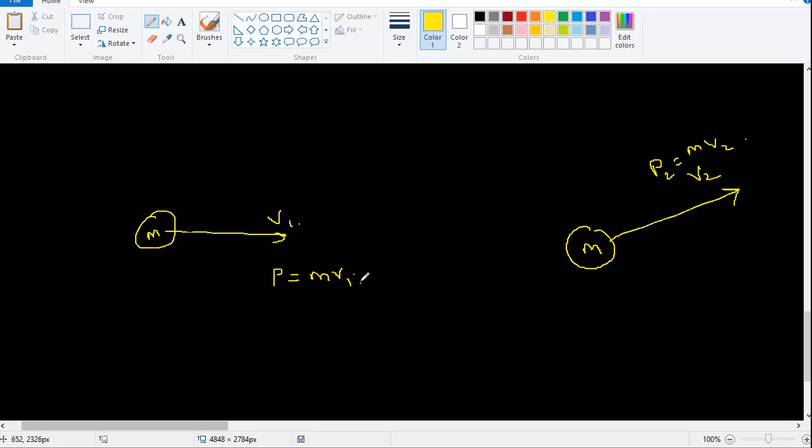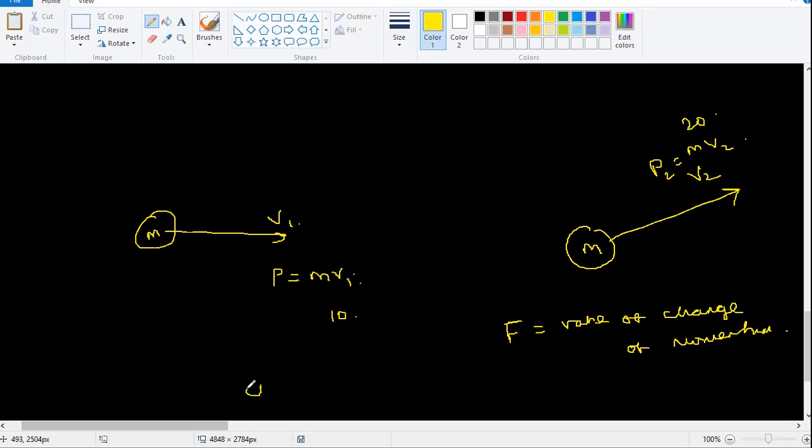So the momentum P2 will be mass into V2. Suppose this was 10 units, and let's say this is 20 units. Then what is force? Force is the rate of change of momentum.